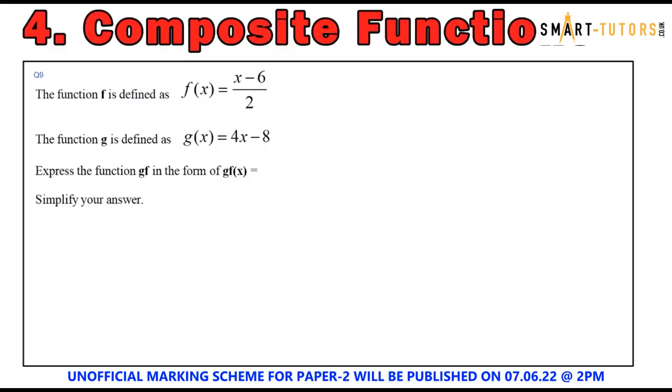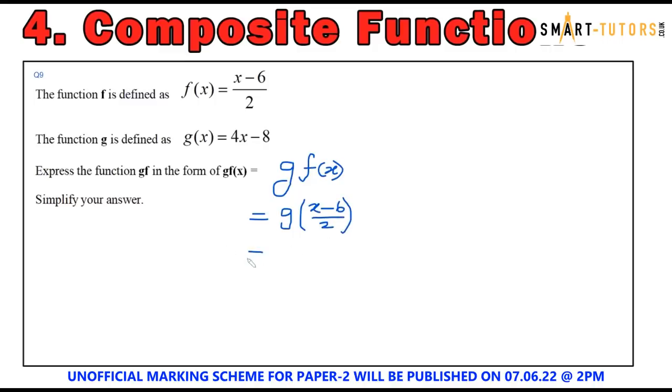The idea behind this question, if it is gf(x), you've got to keep the first letter as it is, g of f of x. So now keep the g and replace the f(x) with (x minus 6) over 2.